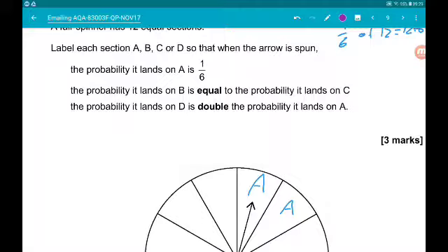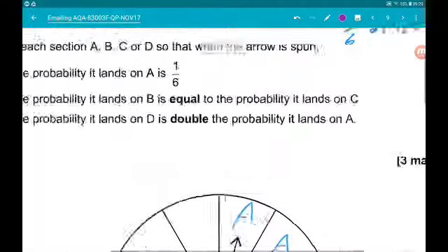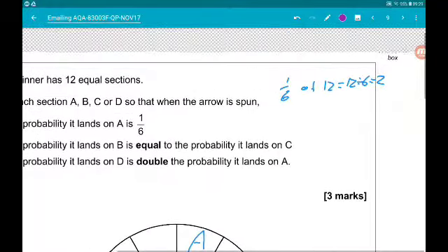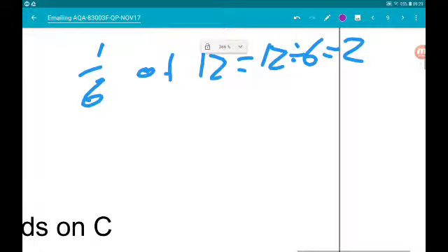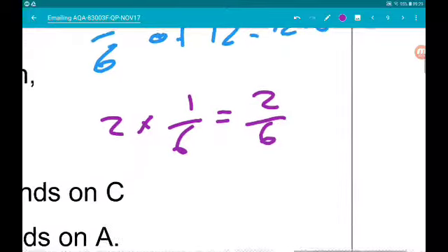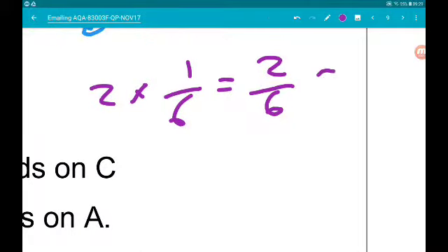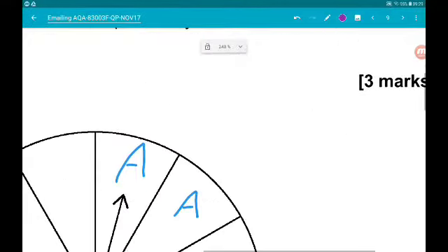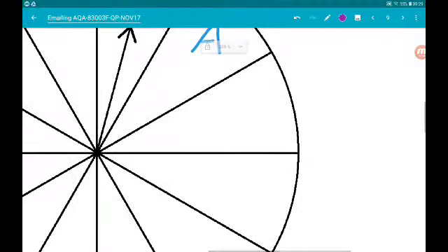So now we need to look at D. So the probability of D is double the probability of A. So 2 times 1/6 is 2/6, which is a third. So 1/3 of 12 is 4. So 4 sections need to be labelled D.